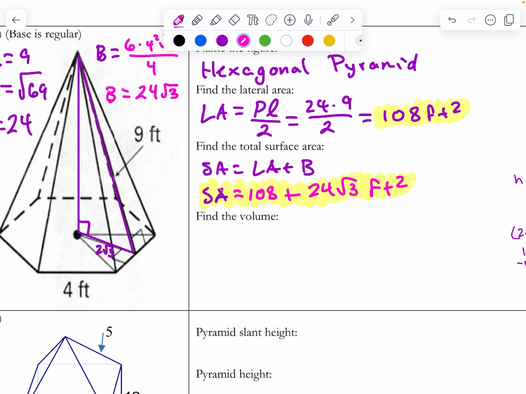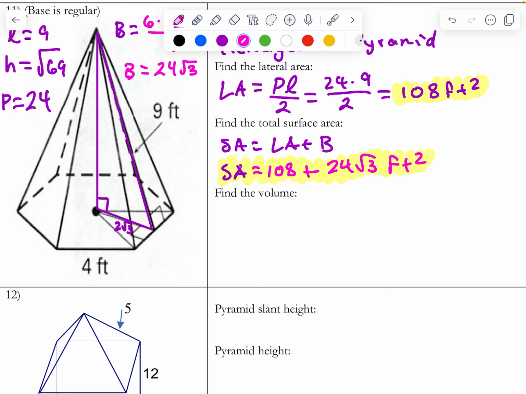Almost done. So now let's go ahead and find the volume. Now remember, to find the volume of this pyramid, what we do is we take the area of the base, we multiply that by the height, and then we divide it by 3, right?